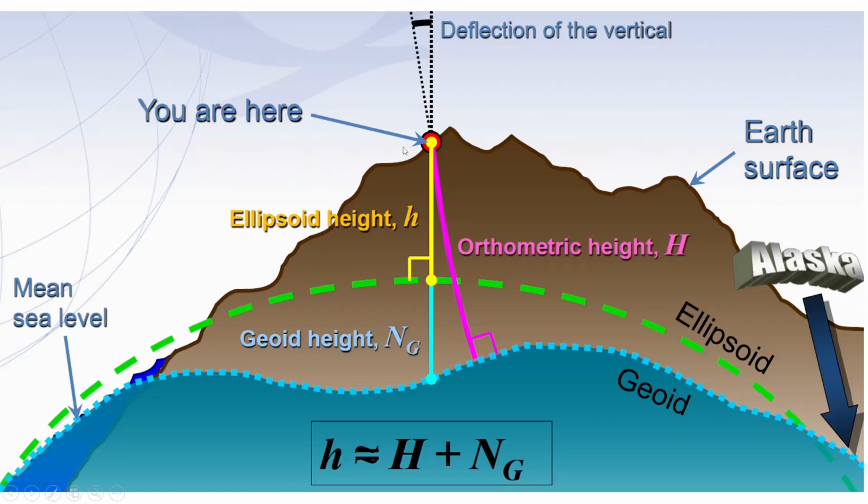While we use a global satellite system, we can calculate the ellipsoid height. And so we should understand the difference between arithmetic heights and ellipsoid heights.